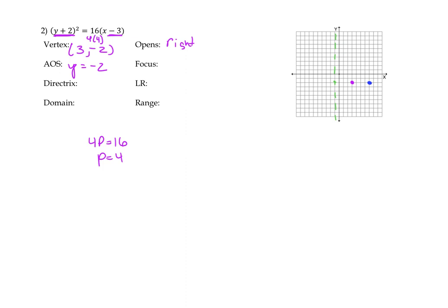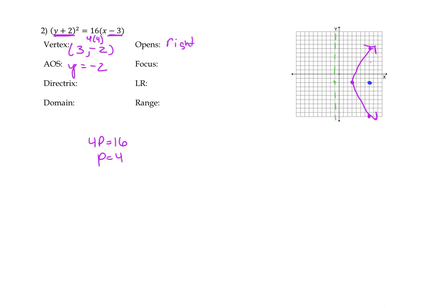And then from my focus, I'm going to count on 2p up and down, so 8. So 8 down here, 8 up there, and there is my parabola. Focus on the inside, directrix on the outside.